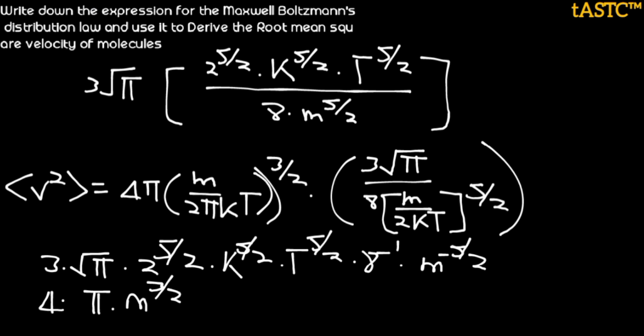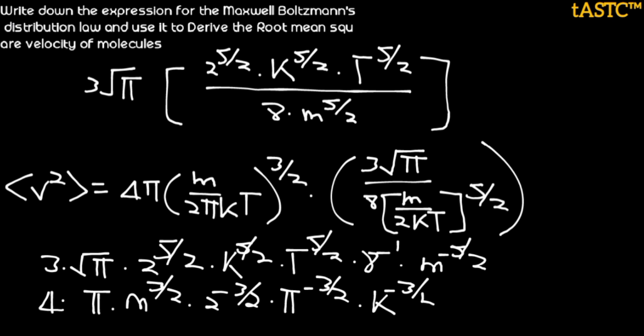Now we need to take this up. Now if we're going to do that, we need to apply the negative powers. So here we should have a 2 to the power of negative 3 halves. And here we're going to have a pi to the negative 3 halves also. And here we're going to have a k to the negative 3 halves. Cool. And this is t to the negative 3 halves.